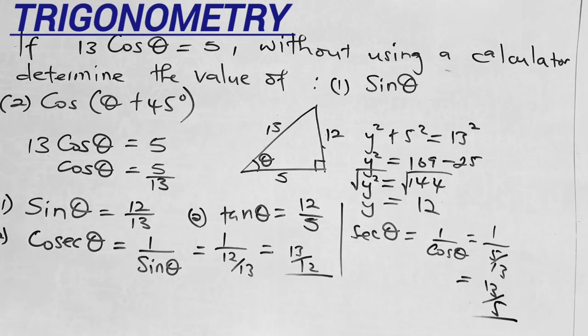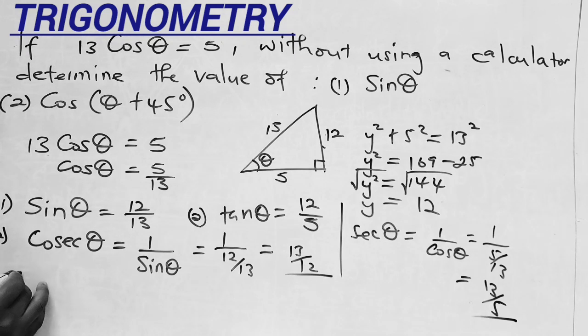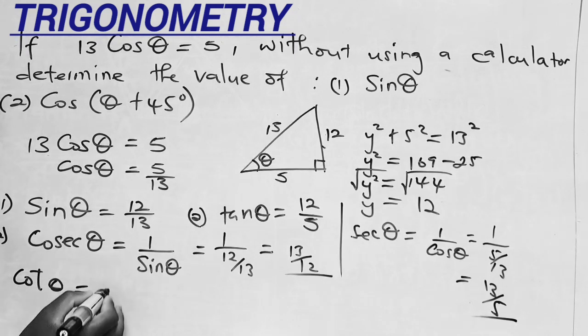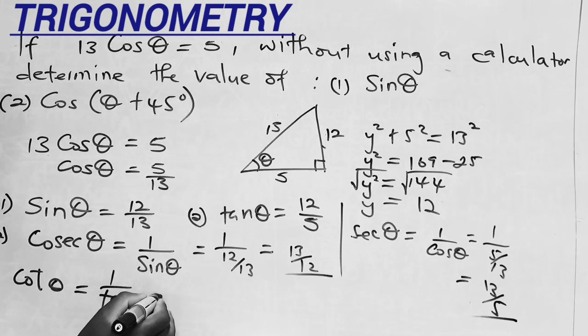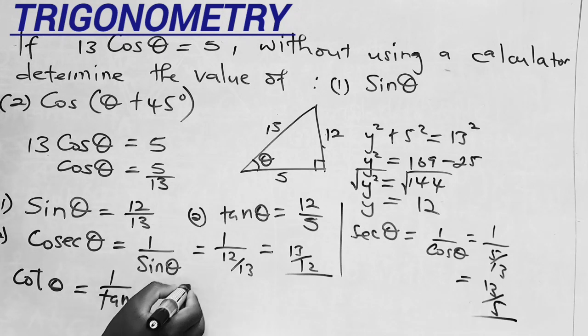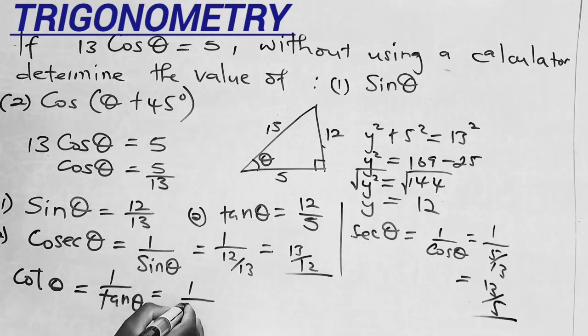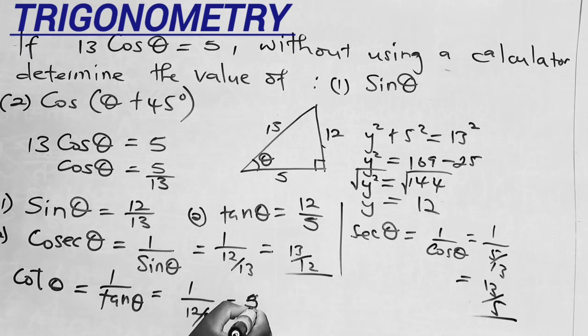Then they can ask cot as well. Cot theta is equal to 1 over tan theta. So this is equal to 1 over 12 over 5, and this will be 5 over 12.